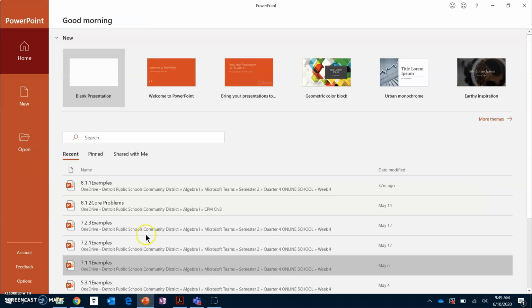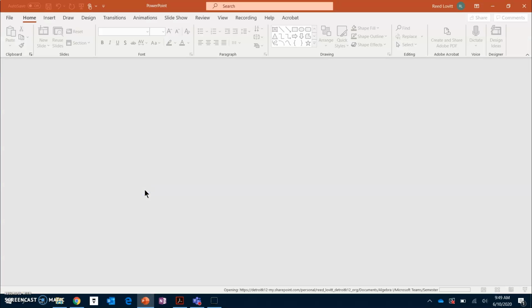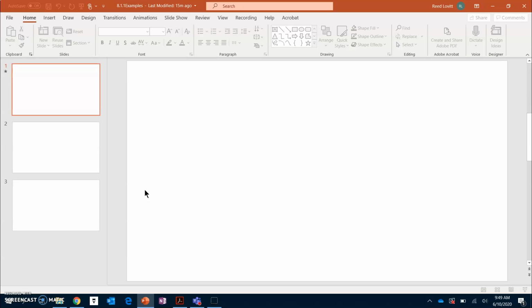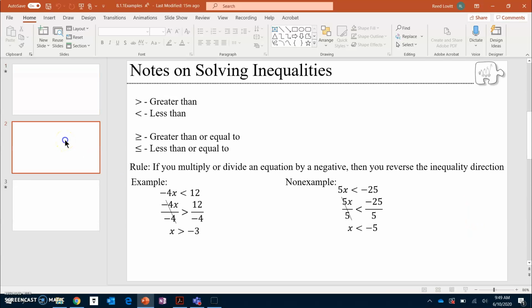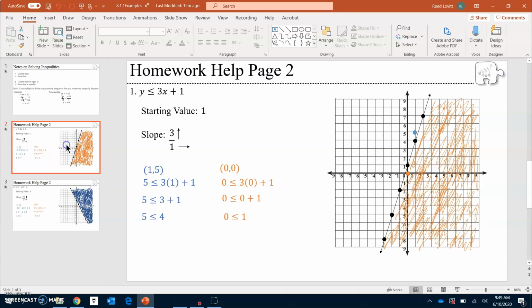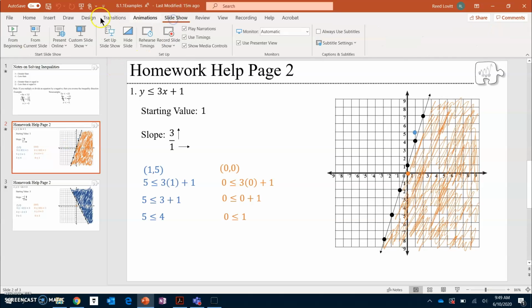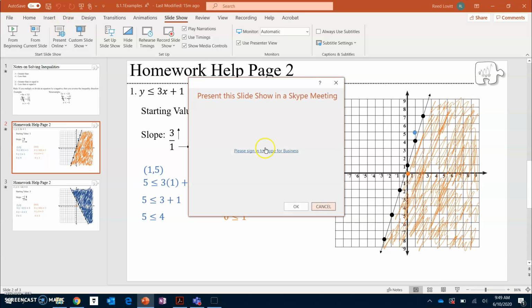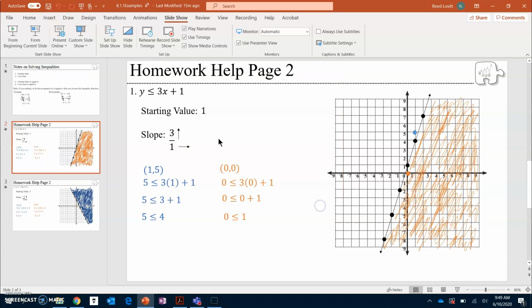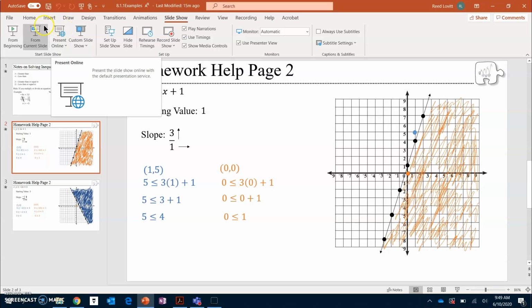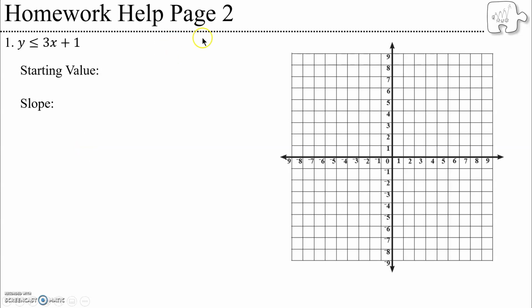Let's pull up the homework help problems. We're on page 2, doing problem 1.